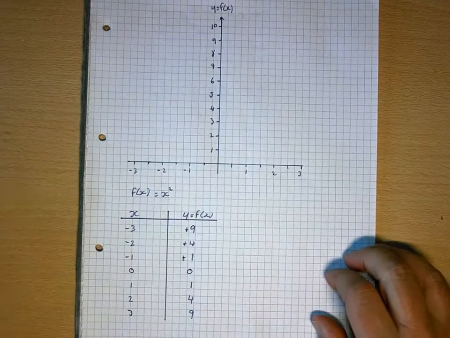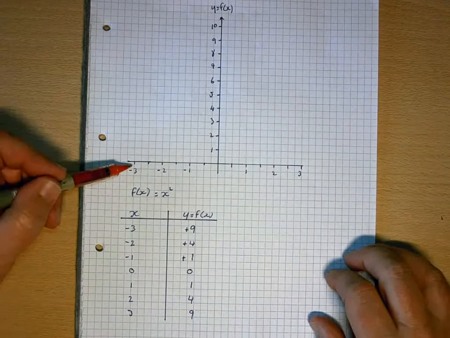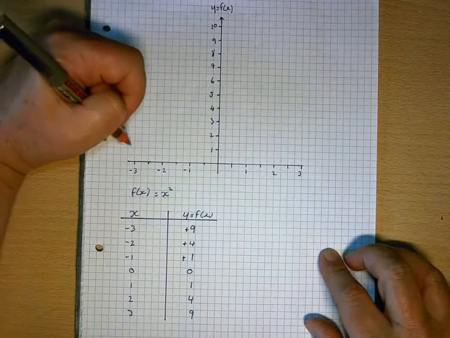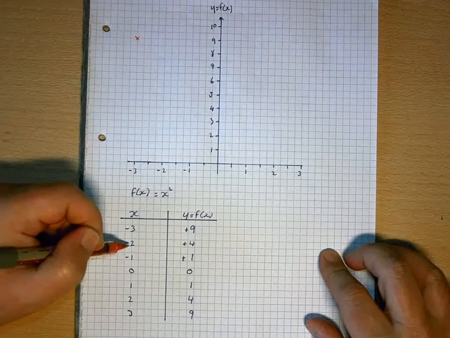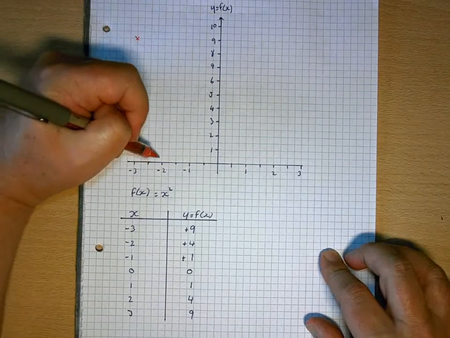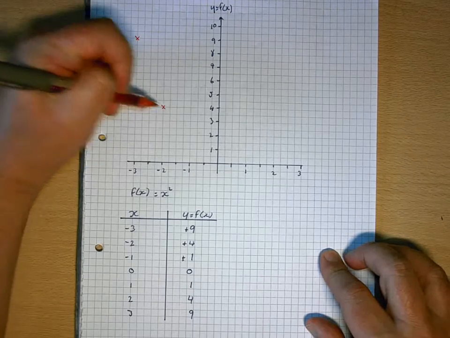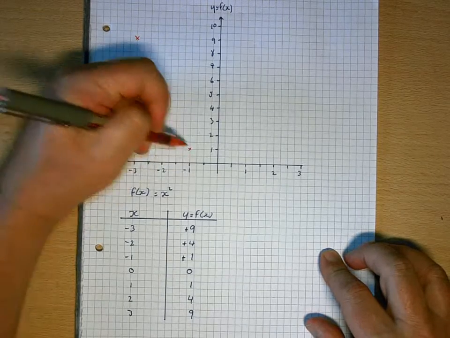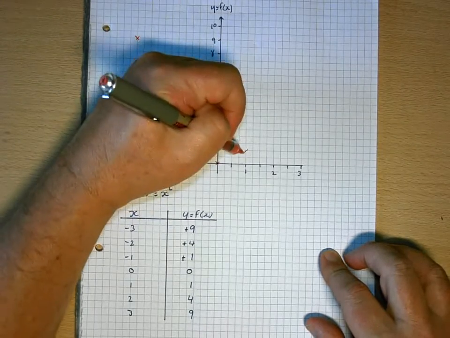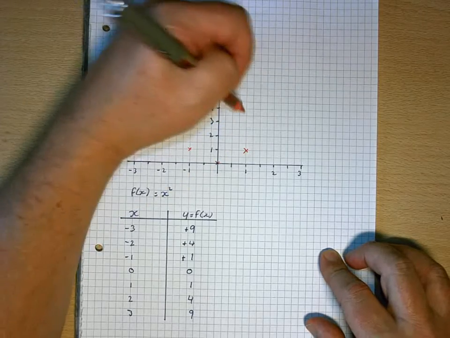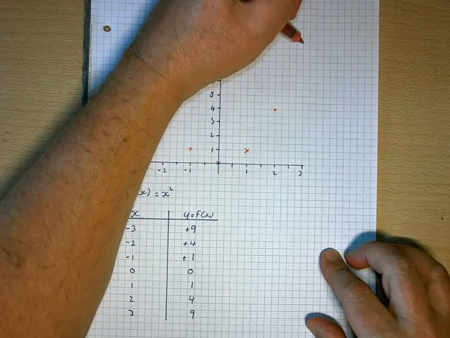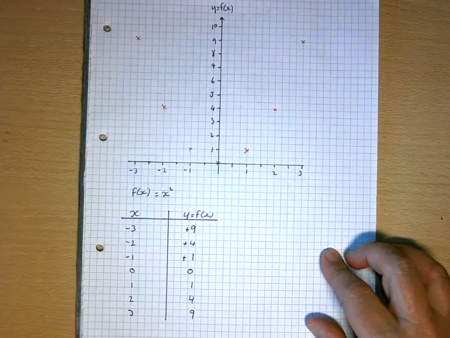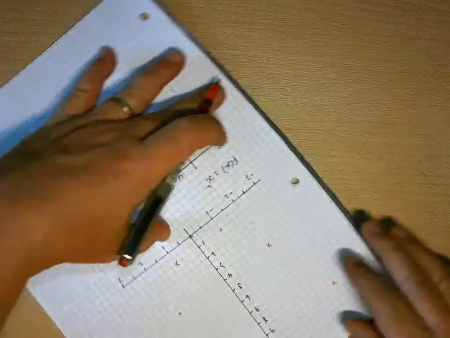So on the graph above, x is negative 3, y is 9, negative 2, plus 4, negative 1, 1, 0, 0, 1, 1, 2, 4, and 3, 9.